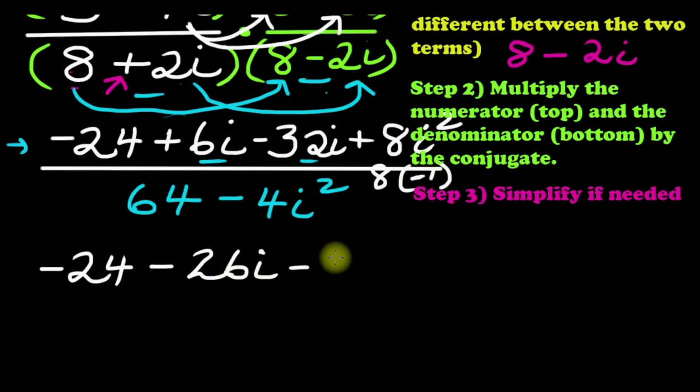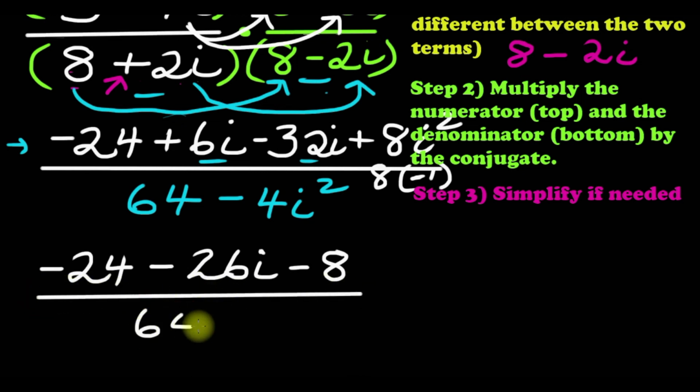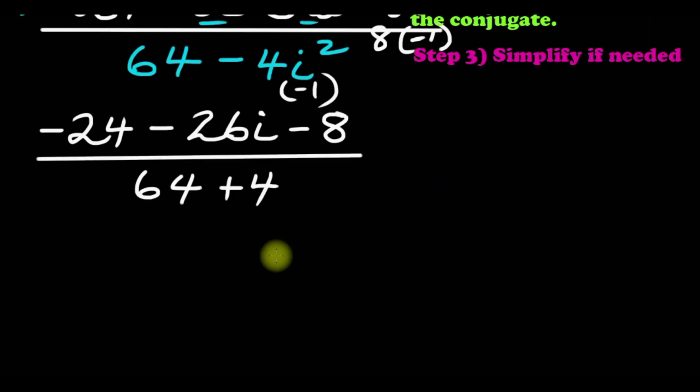So that's going to give you negative 8. And then your denominator is going to be 64. So here negative 4 times negative 1 is going to give you positive 4. And as you can see, there is no more i in your denominator.